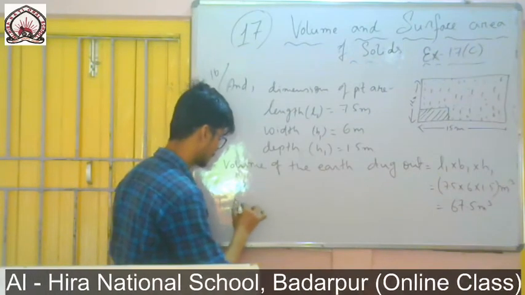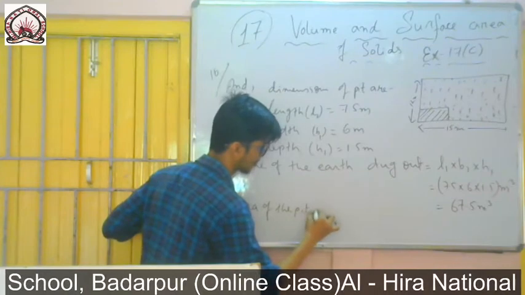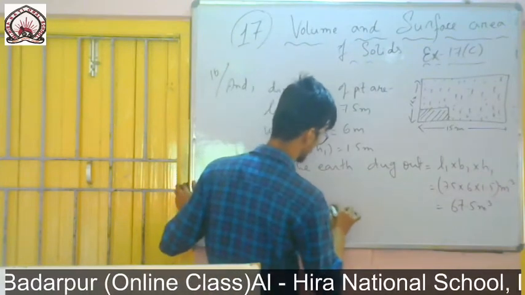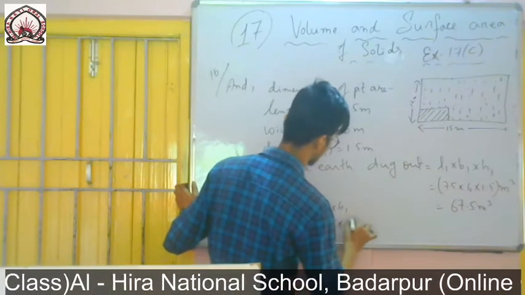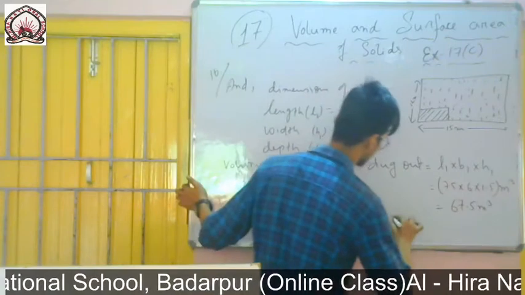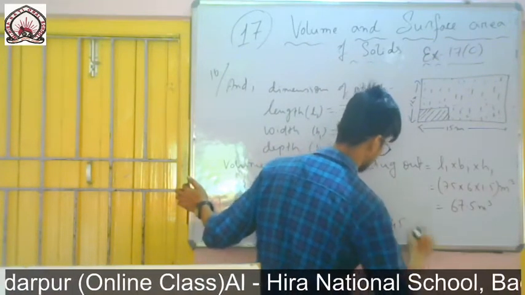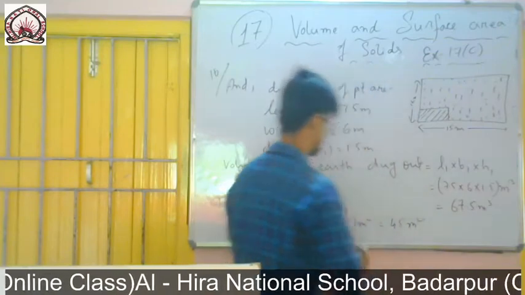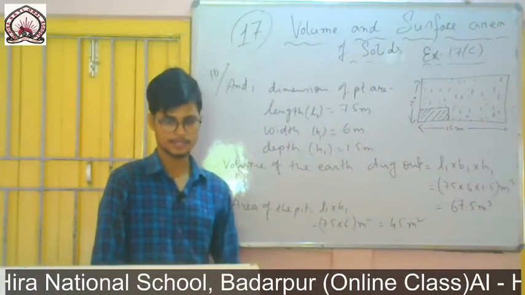Area of the pit equals L1 into B1, that means 7.5 into 6, which is 45 meter square.